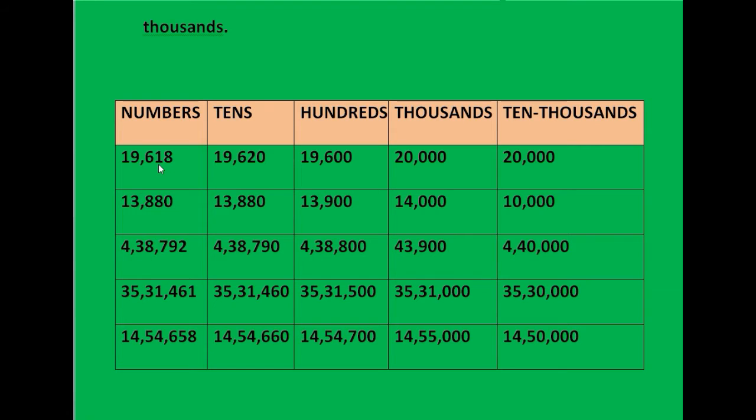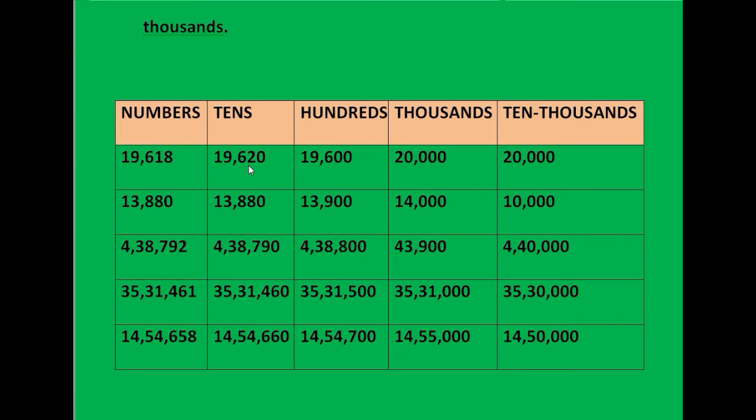According to rule number 1, we see the digit to the right of it, that is 8. This is greater than 5, so we add 1 to this digit, and it becomes 2.